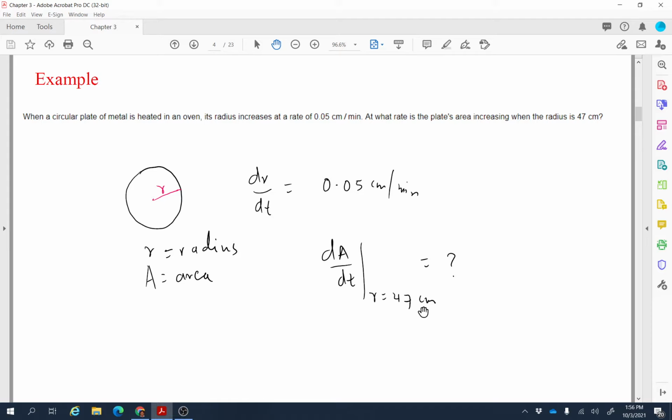To solve this problem, first of all we have to know the formula for the area of a circle. The area of the circle is pi r squared.